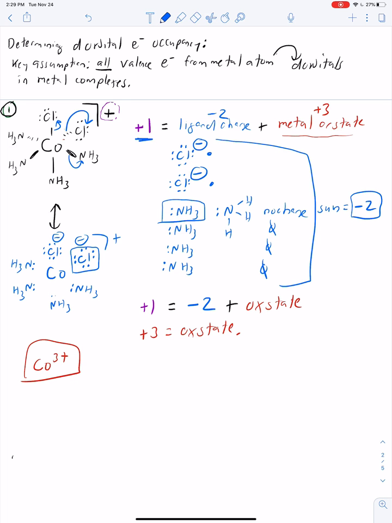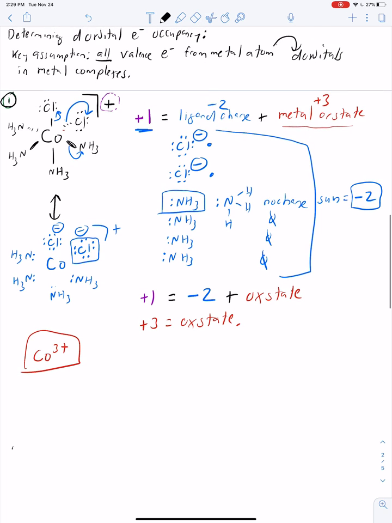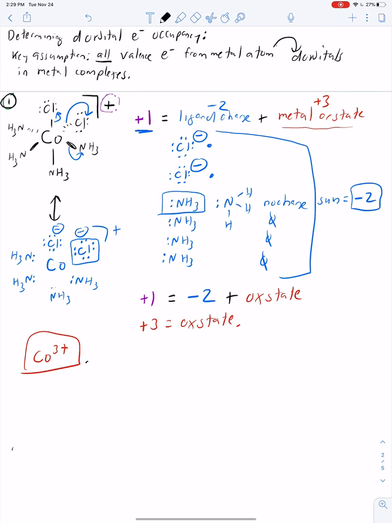All right, the second part is that once I know that I have cobalt +3, I can ask, how many electrons are there in the valence d orbitals of this cobalt 3+ complex that I've drawn?